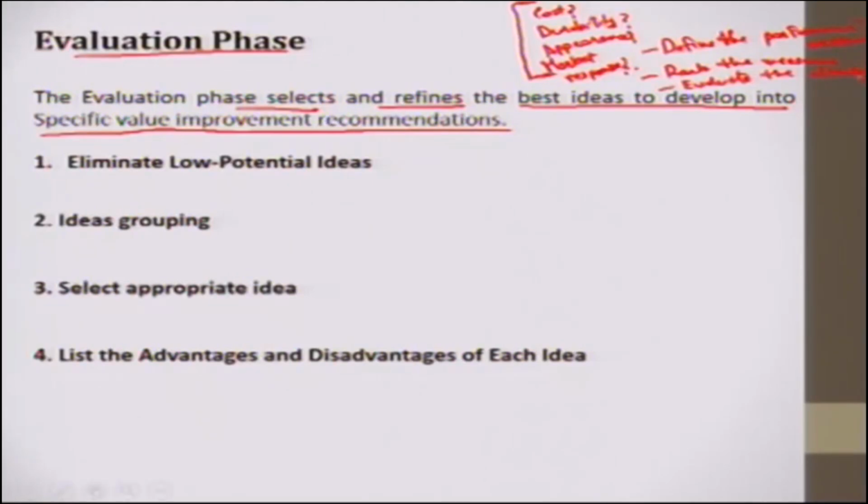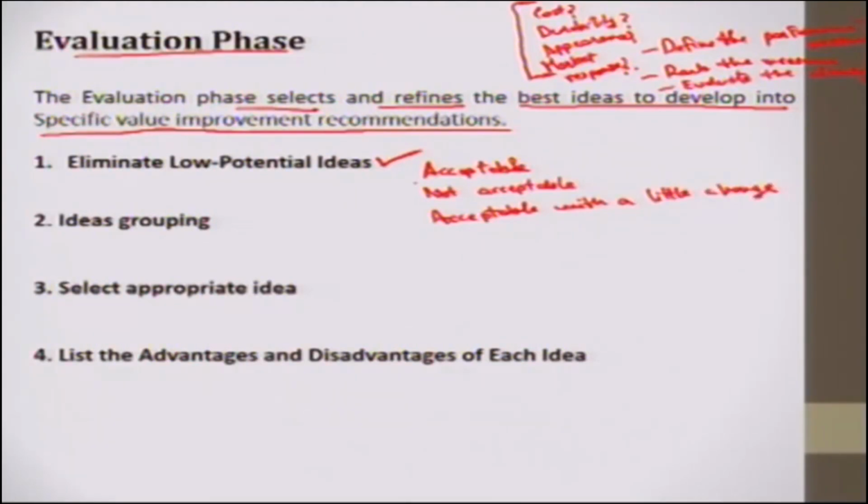So what we do here, we eliminate the low potential ideas, that is we mark the ideas as acceptable, okay, not acceptable, and acceptable with some change, if there is some minor change, little change.